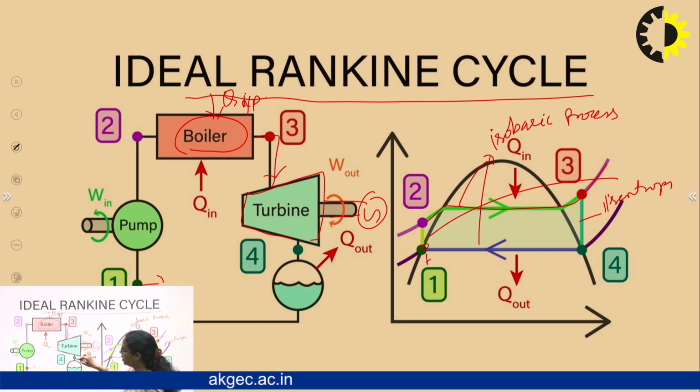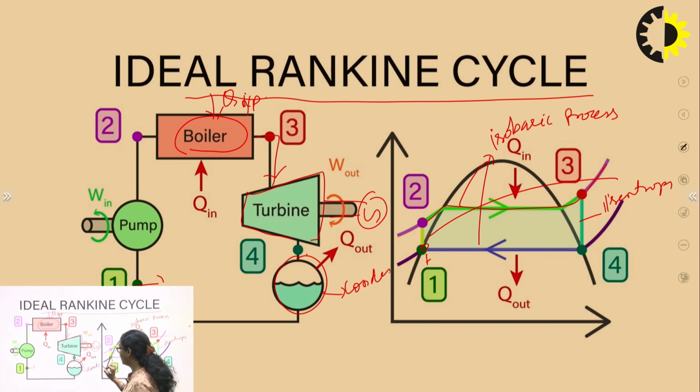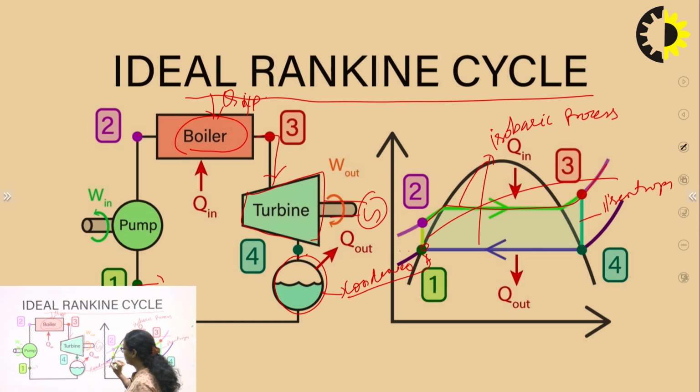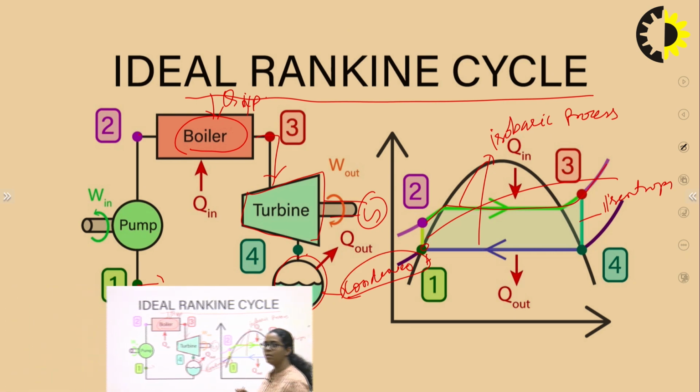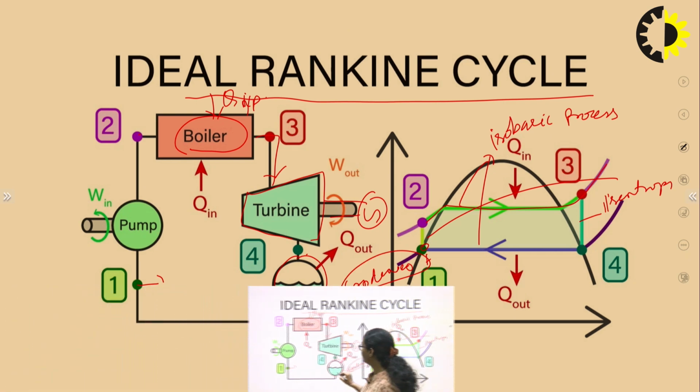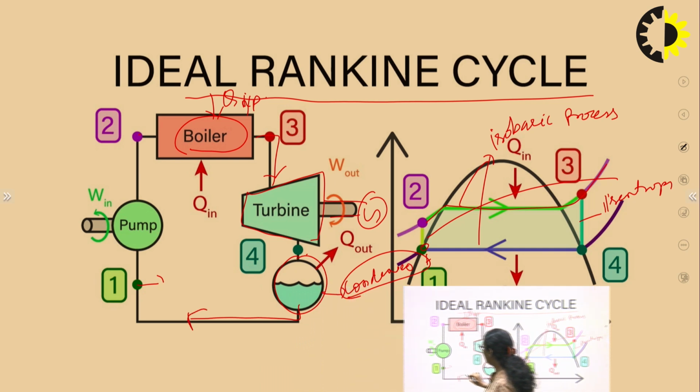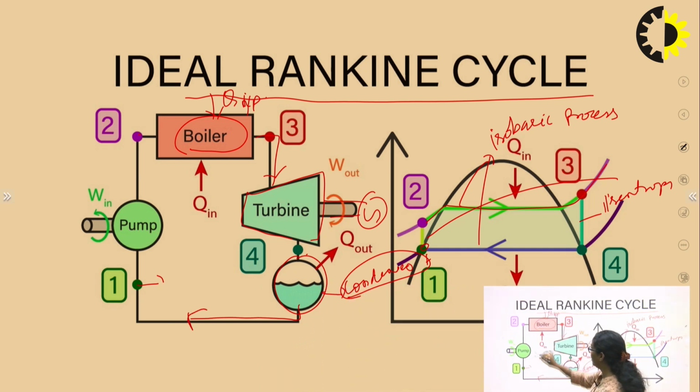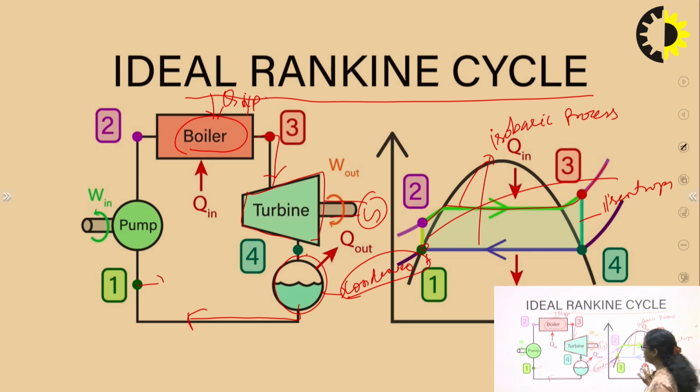At the exit of the turbine, we get low pressure steam, which is condensed in the condenser. So in the condenser, the steam is being condensed. Again, this cycle is completed. So this is the thermodynamic cycle of a steam power plant, and this is the block diagram of a steam power plant.